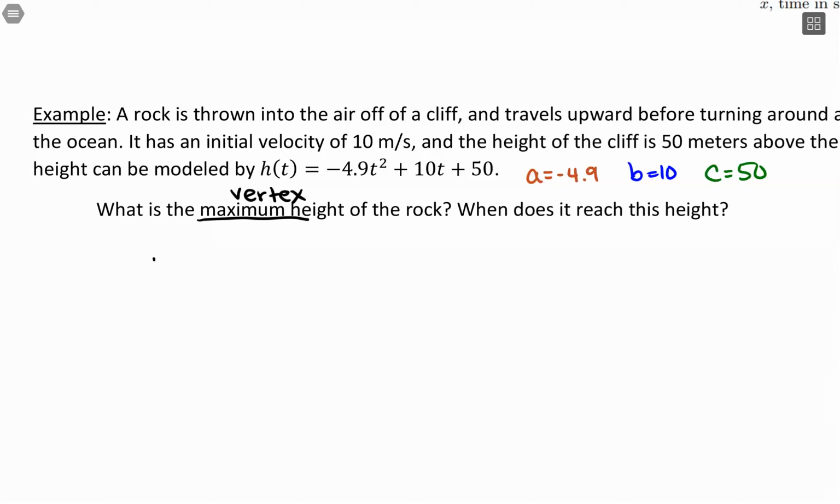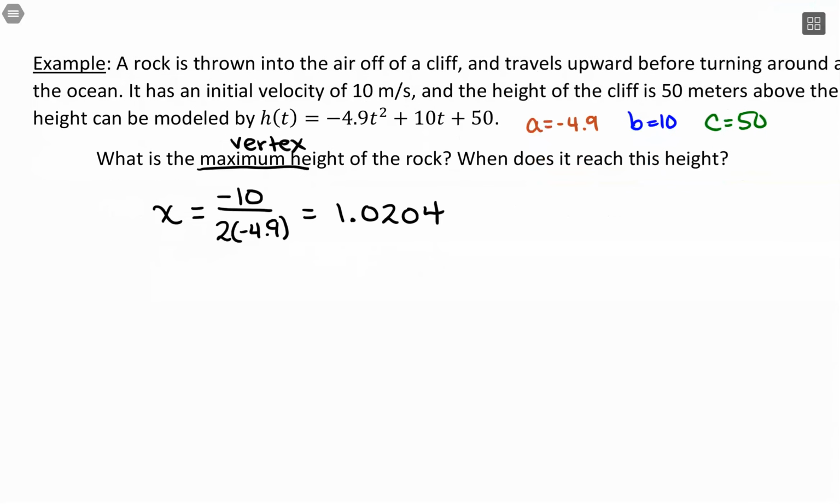So to find the vertex, I'm going to go x equals negative b over 2 times a. And then we can just put that into a calculator, and I'll round that to 4 decimal places for 1.0204. Again, 4 decimal places because I know I'm going to be plugging this in to our function.